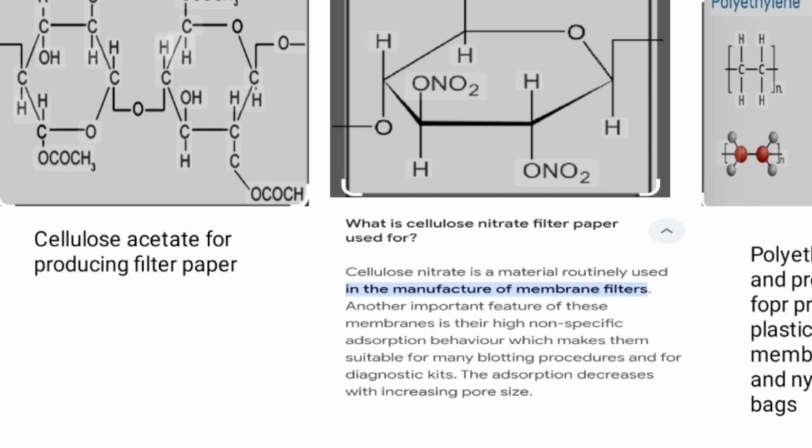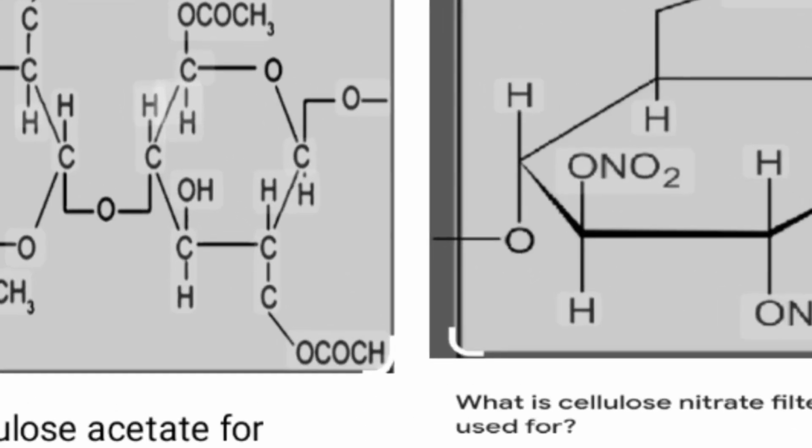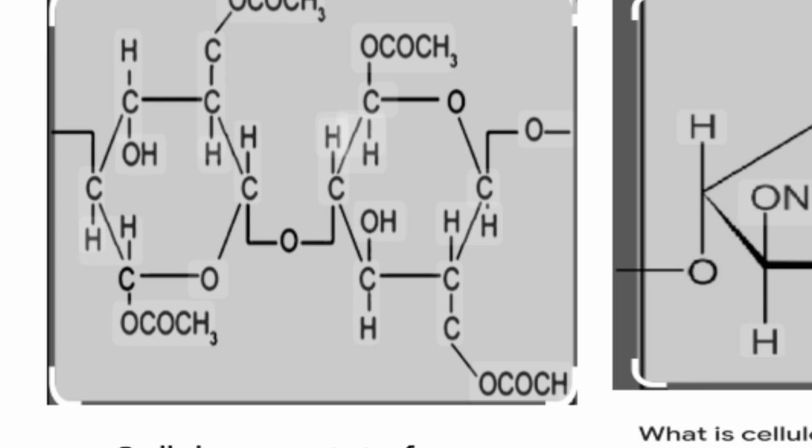Example of polymer is cellulose acetate. It's a polymer. Why is it a polymer? Because it is made up of a continuous chain of cellulose acetate. So this is the monomeric unit of cellulose acetate, look at it here. The monomeric unit. Which means cellulose acetate contains millions of this particular structure.